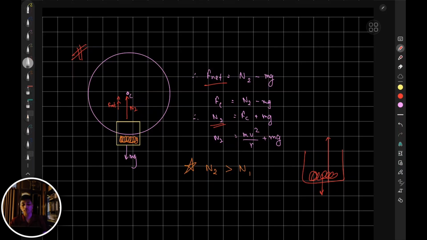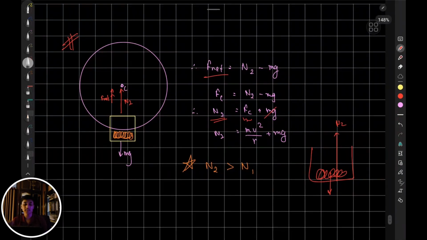So what is the normal force doing? This N2 is providing the centripetal force and also counteracting the weight. So it's nullifying the weight and also giving you a resultant centripetal force. It's doing both of them. So if I substitute the value for Fc, we have N2 is equal to mv square by r plus mg.